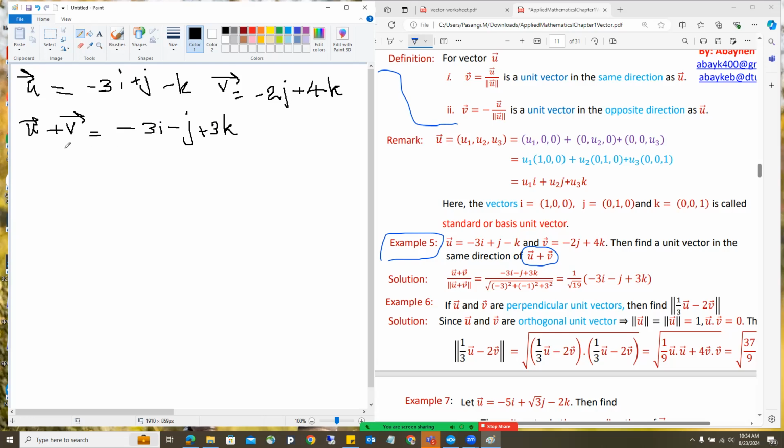Did you get this as vector u plus vector v? We just add these two vectors.